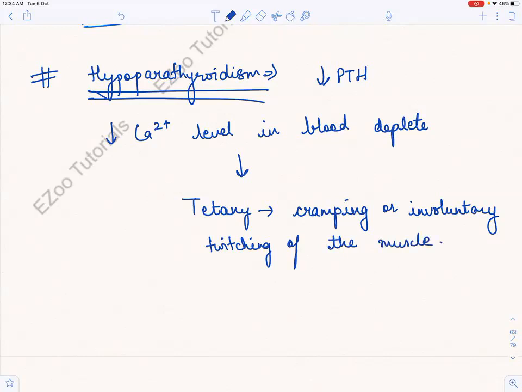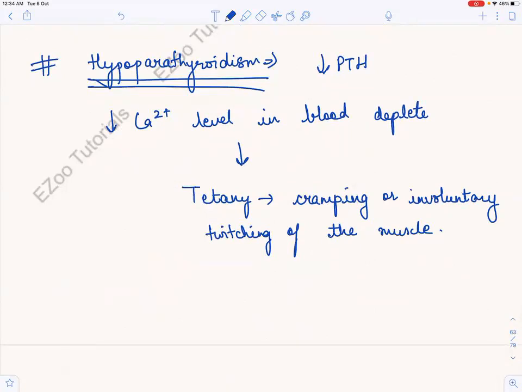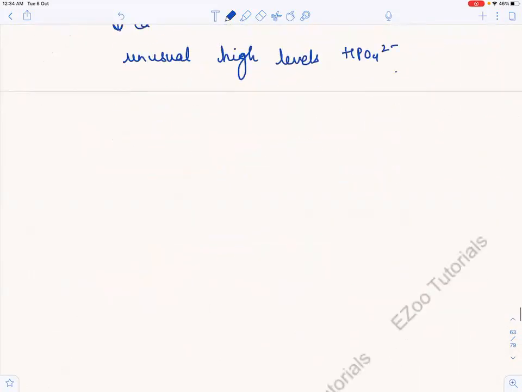Okay, so sometimes along with calcium levels going down, there are also unusual high levels of phosphate ions, right? And if we want to look further, what can be the symptoms of hypoparathyroidism?